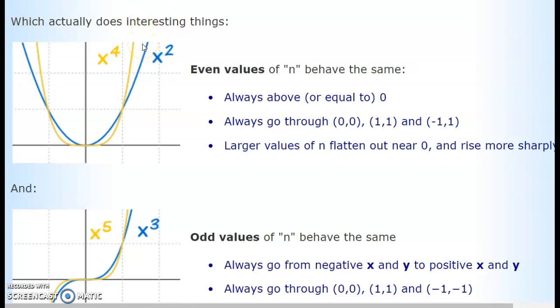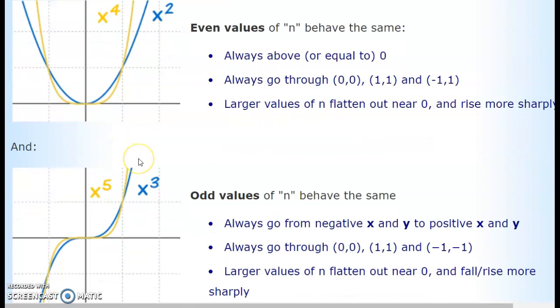That's going to happen anytime you have an even degreed function. Even if you have a reflection, say we flip this upside down, the end behavior will still match. They'll just go down on both sides to negative infinity. And that's true for any even degreed function.